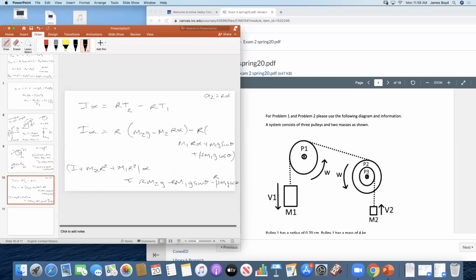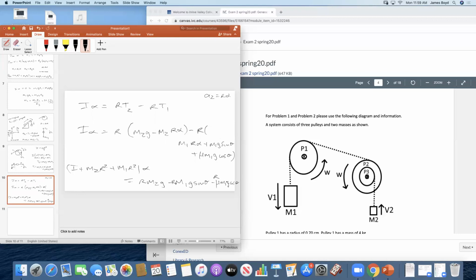This is the net torque acting on the system. It's equal to the torque due to the force M2G minus the torque due to the force of the weight of M1 down the incline and the friction. And that's all that's happening in these problems. They're a pain to set up because the torque diagram makes it a pain.